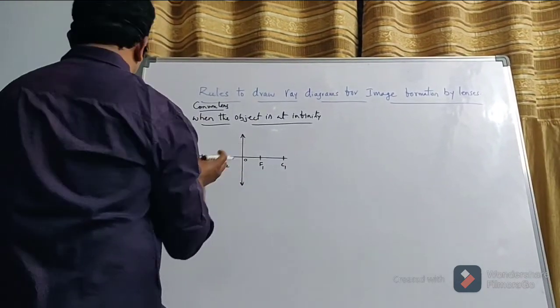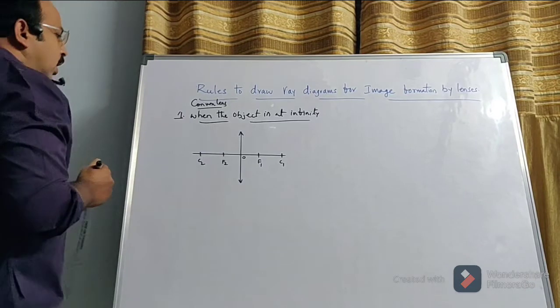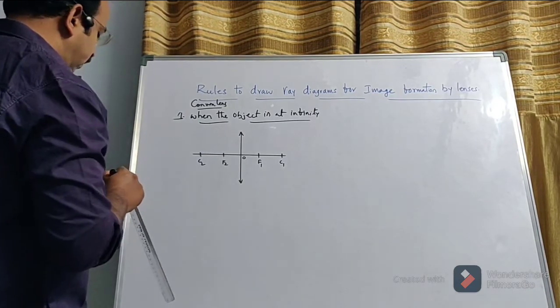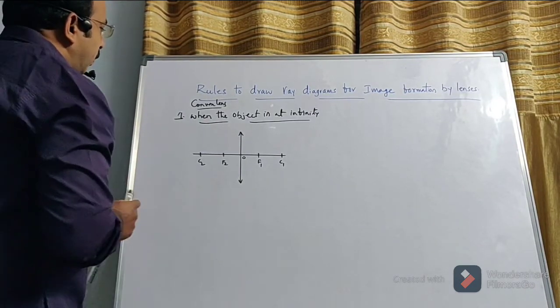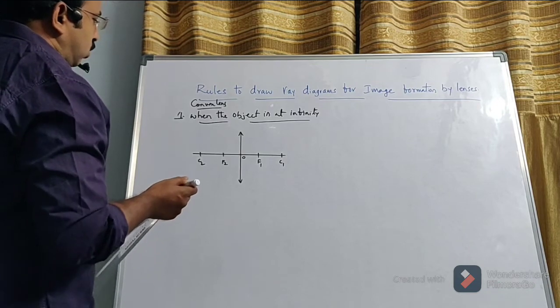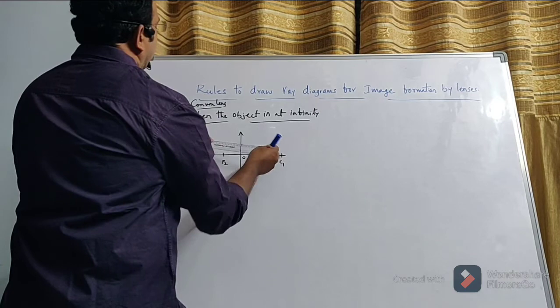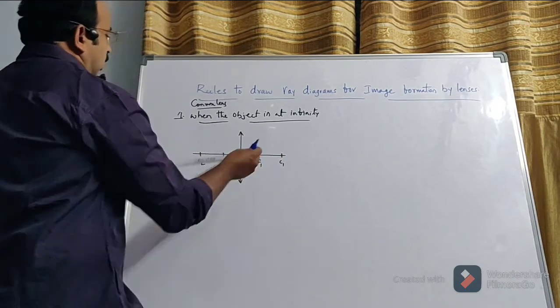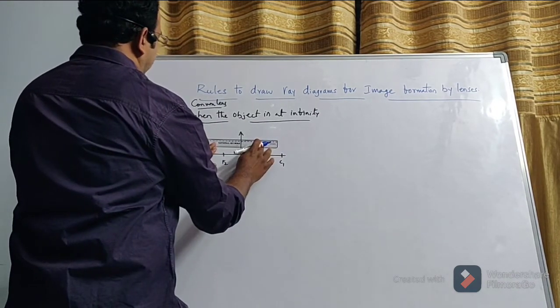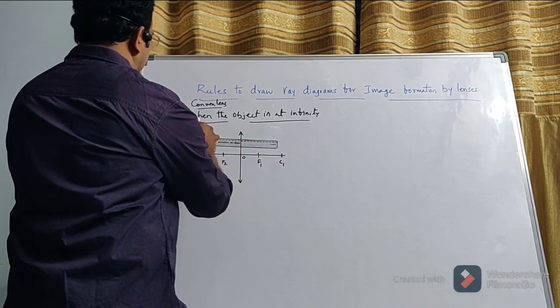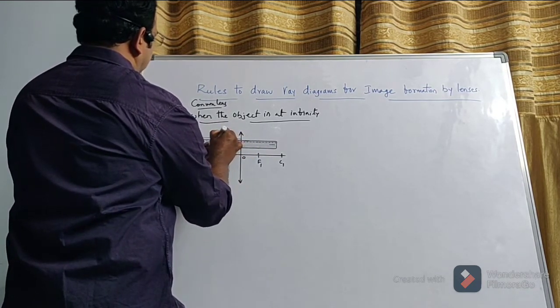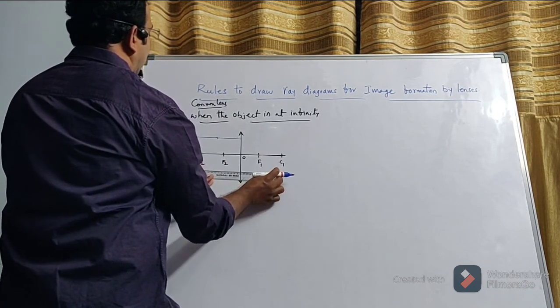So for example, here in this case, light rays are parallel to the principal axis. So look at here, parallel to the principal axis. Any 2 light rays are enough. So I am drawing one light ray like this, and here one more light ray.